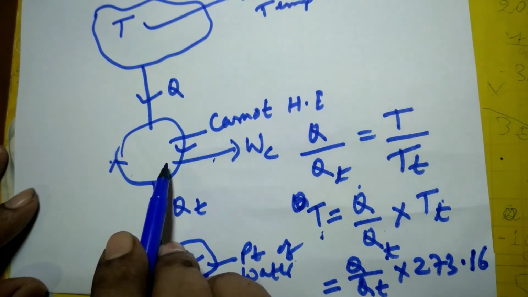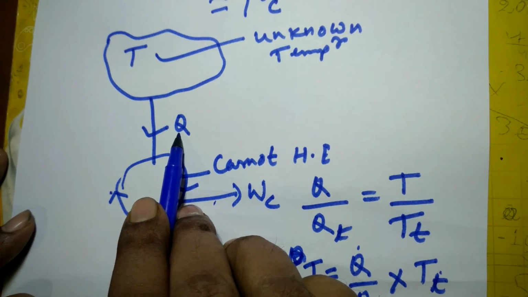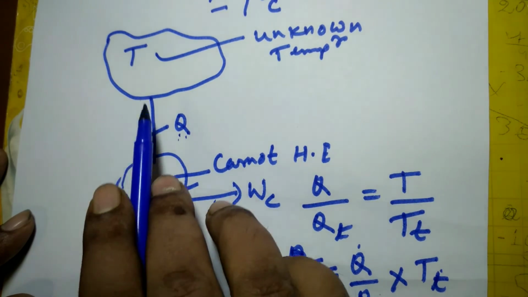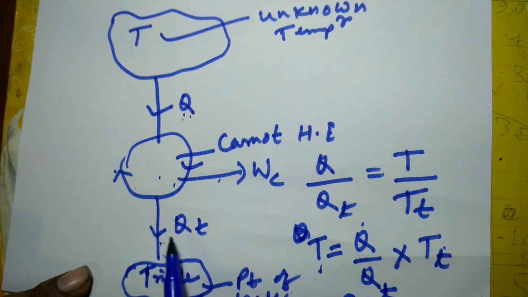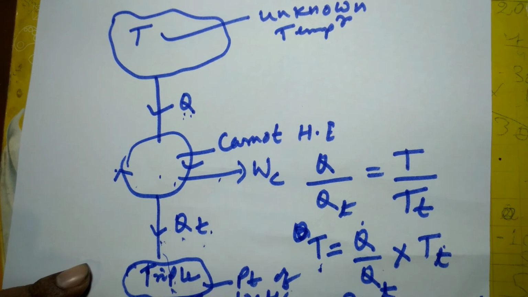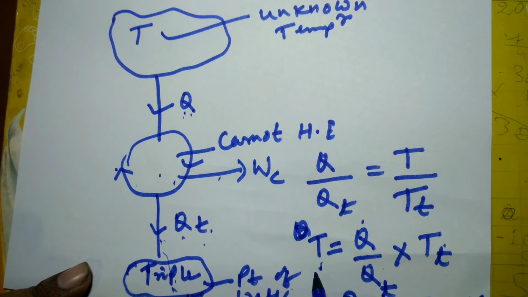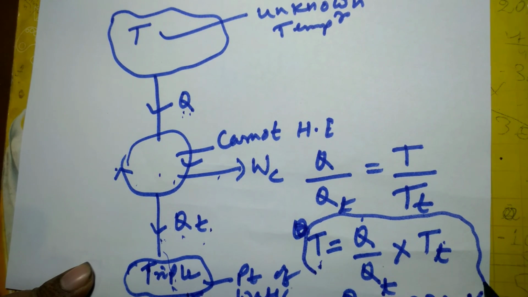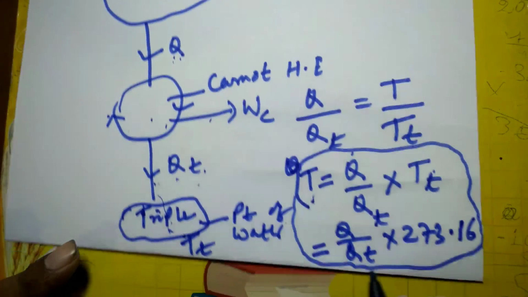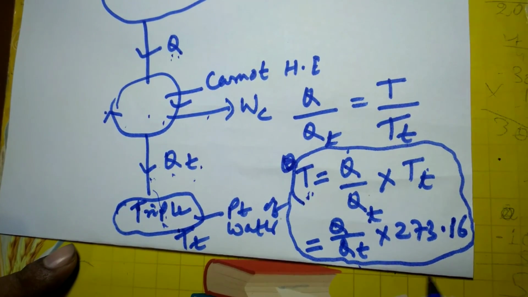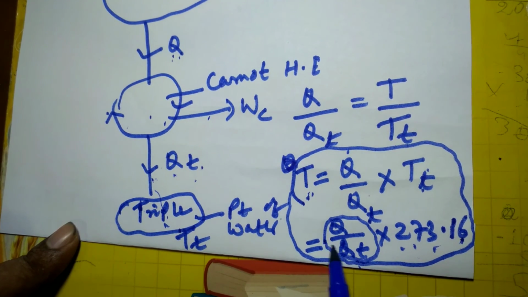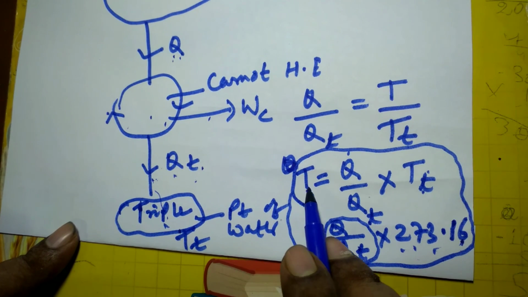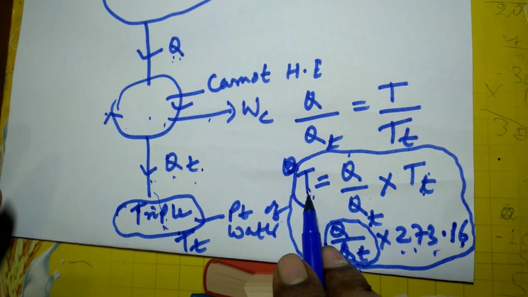If we operate a reversible heat engine and measure this amount of heat that is added to this heat engine from an unknown temperature T, and find out the heat rejected to this triple point of water, then I can obtain this temperature T. From this equation, where Tt is 273.16 Kelvin, when it is multiplied with this ratio of heat absorbed and heat rejected, that yields the unknown temperature T, which is required to be measured.